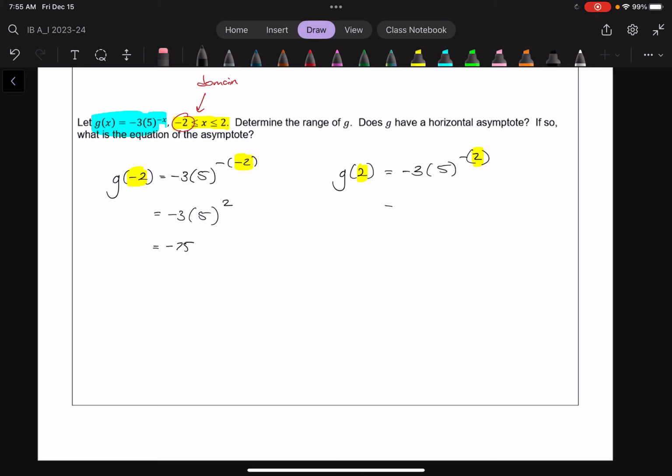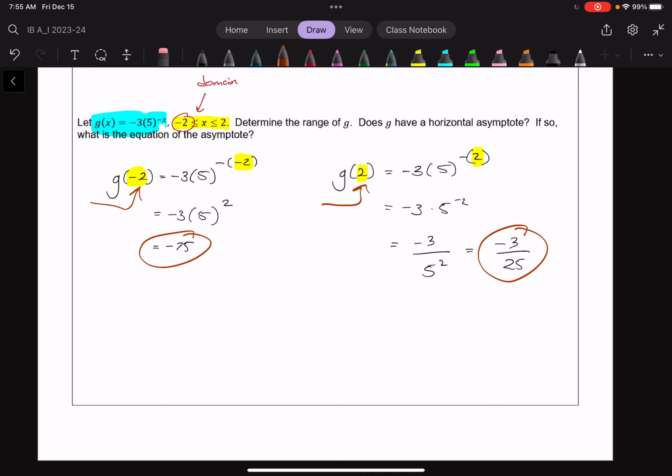And evaluate this, I get negative 3 times 5 to the negative 2, which, remember, is the same as negative 3 over 5 squared, or negative 3 over 75. Helps if I can do my math. Negative 3 over 25 is what I meant to say. And so when I put in positive 2, I get out negative 3 over 25. And when I put in negative 2, I get out negative 75.